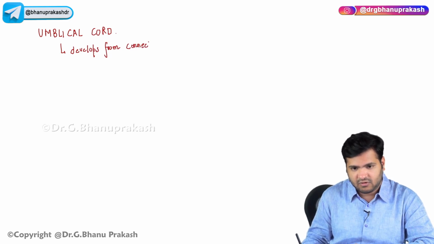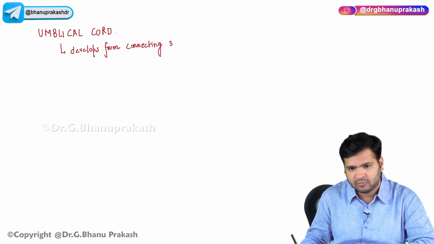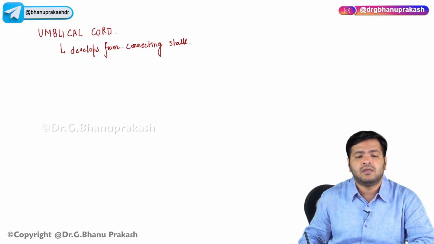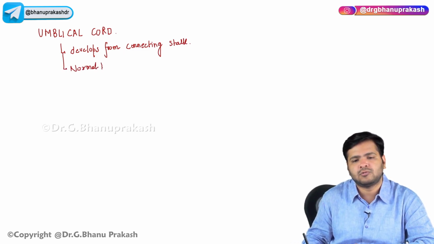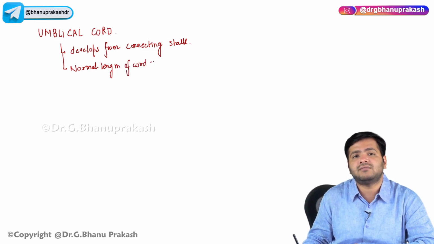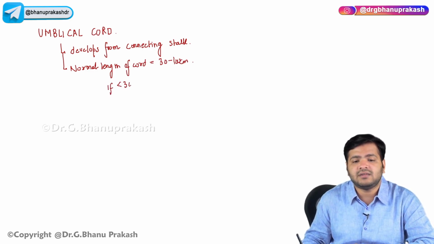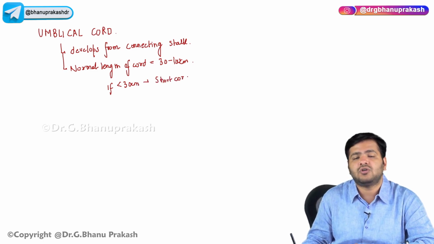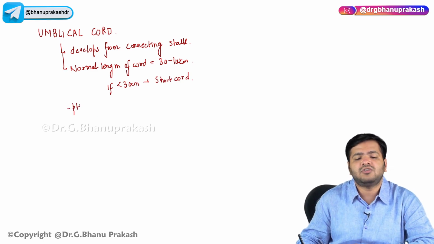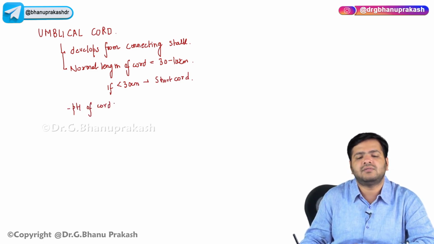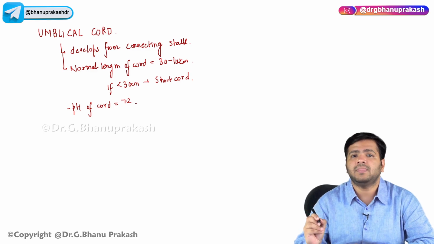The normal length of the cord is approximately 30 to 100 centimeters, right? If it is less than 30 centimeters, then it is called a short cord.